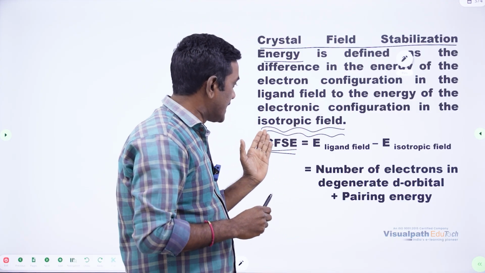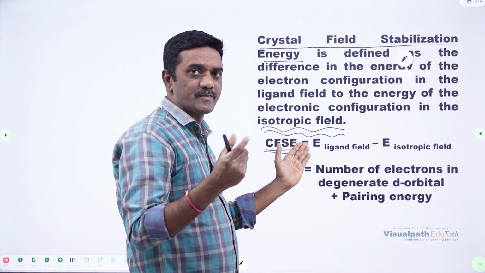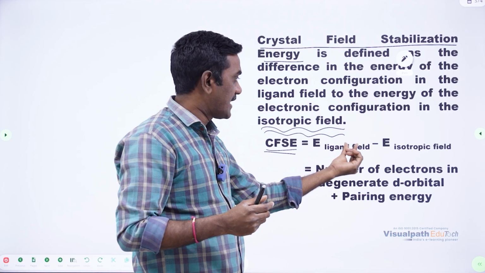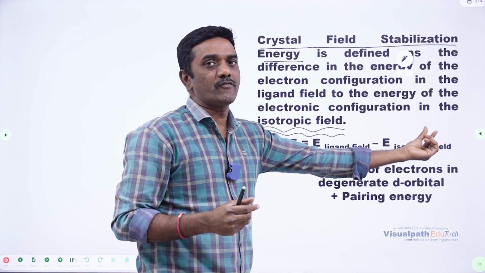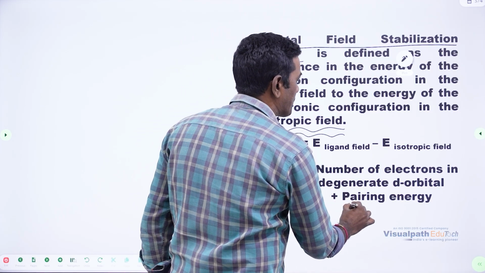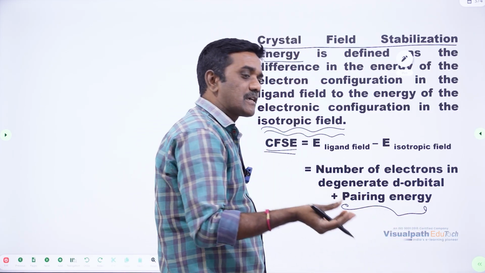Again, CFSE is the energy difference between electrons in the ligand field minus electrons in the isotropic field. Very simple. The isotropic field is all about pairing energy: how many electrons are paired.